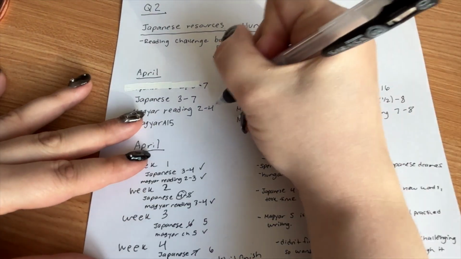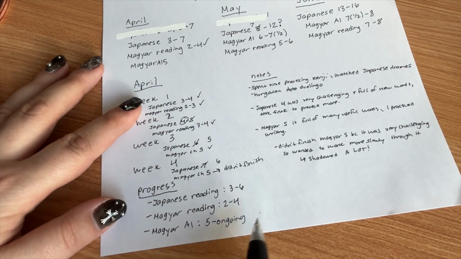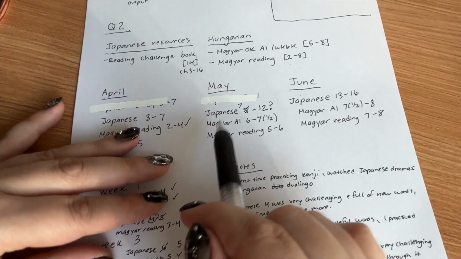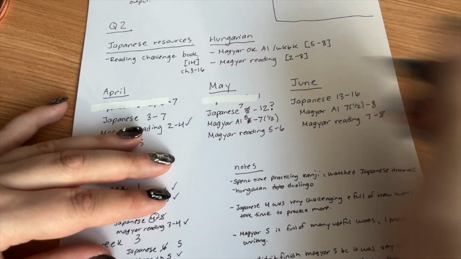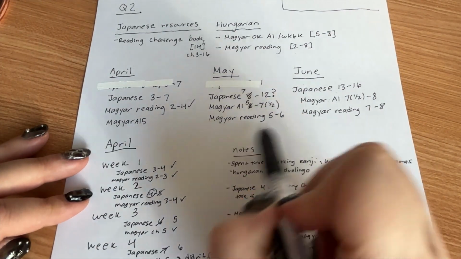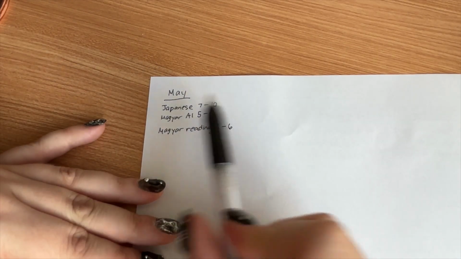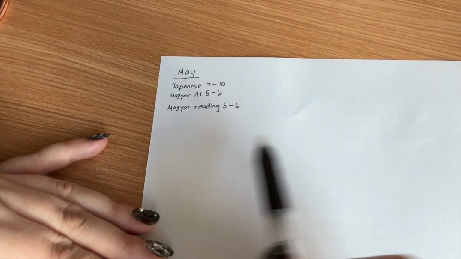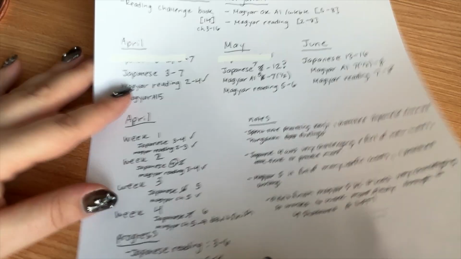Cool. I did it. And then Madara 5, I did it, but I didn't finish it. So, okay, maybe over here, I'm not going to start with 6. I'm going to start with 5. And now I can look at this and create a new plan for May. All right, so now I have these updated goals for May, and then I can break down my May goals into weekly in progress, just like we did with April.